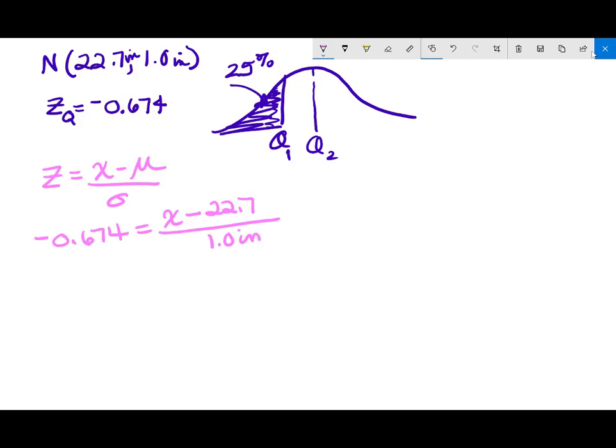So how am I going to solve this? I'm going to take both sides times 1. These cancel. That leaves me a negative 0.674 equals x minus 22.7. Well, what am I going to do? I'm going to add 22.7 to both sides.